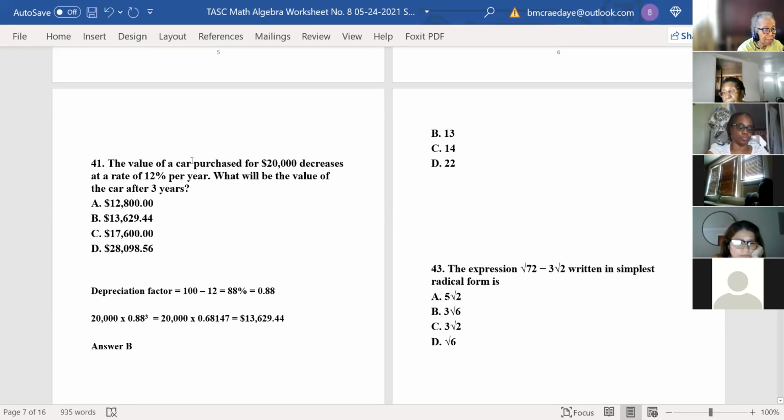Then you multiply the value of the car when you bought it, 20,000, times the depreciation factor 0.88 raised to the power of the number of years you've had the car. That's why we have the 3. Once you get this and multiply by 20,000, the value of the car after 3 years would be 13,629.44. This is an exponential type problem. Depreciation is an exponential type problem.